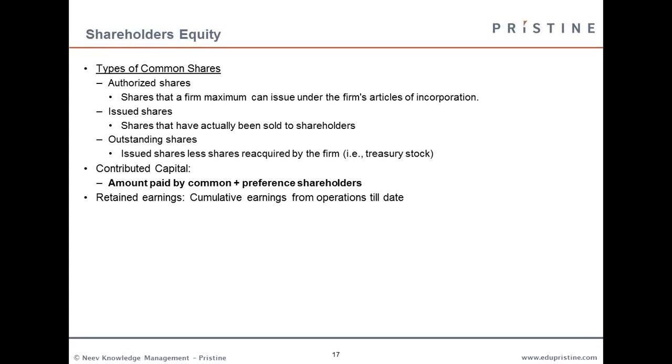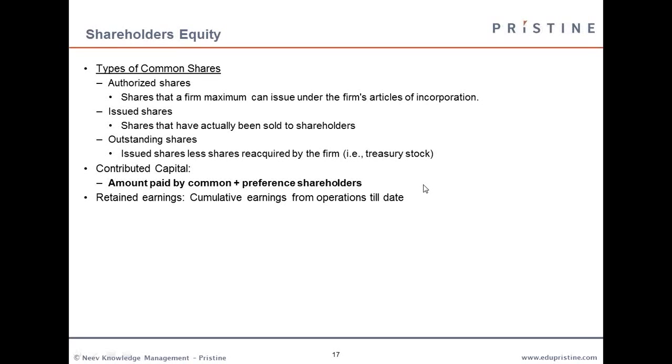The difference is that in case of preference shareholders, they have certain rights and privileges, and the basic meaning of preference shareholders is they are given preference when you liquidate the company.